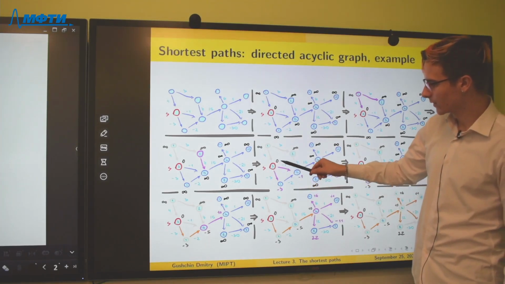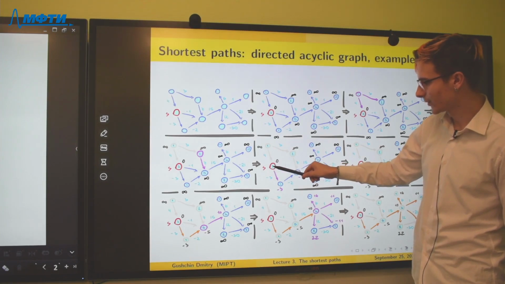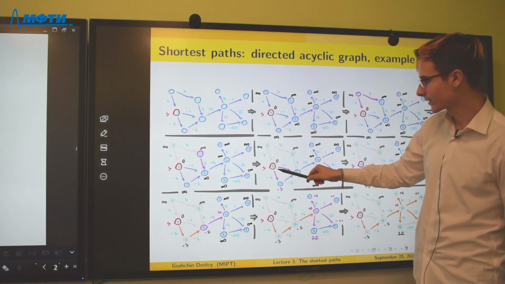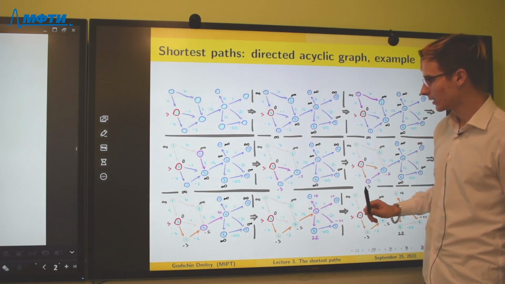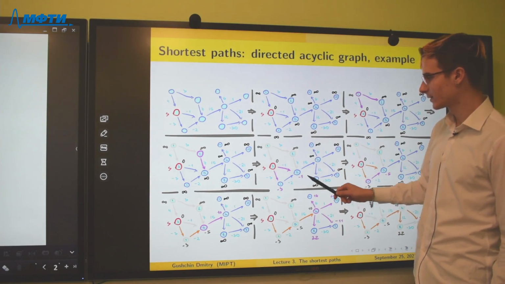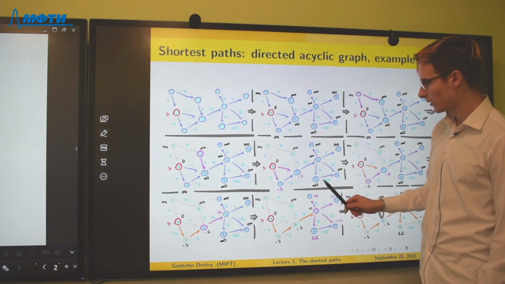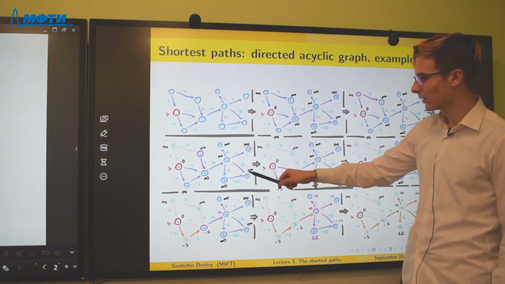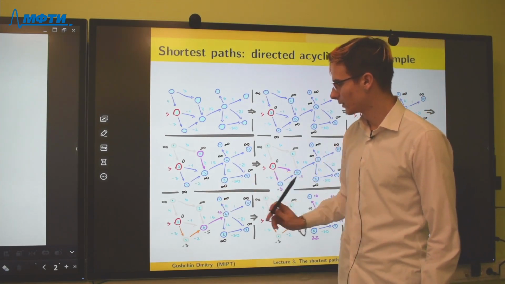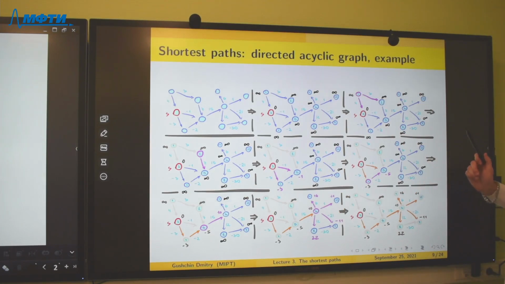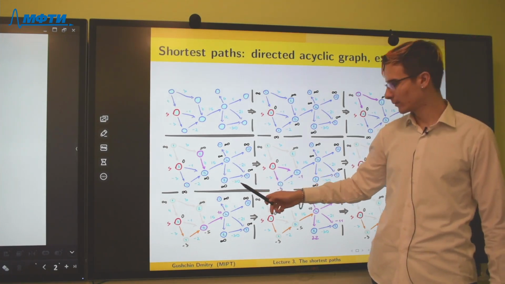Then when we get the source and relax edges that start in the source, we see that the fourth and fifth vertices have a distance d equal to infinity.